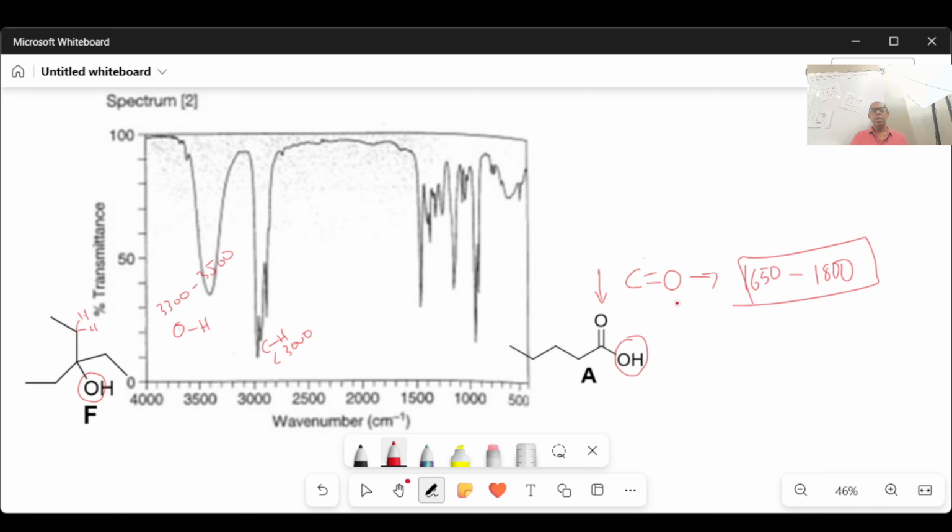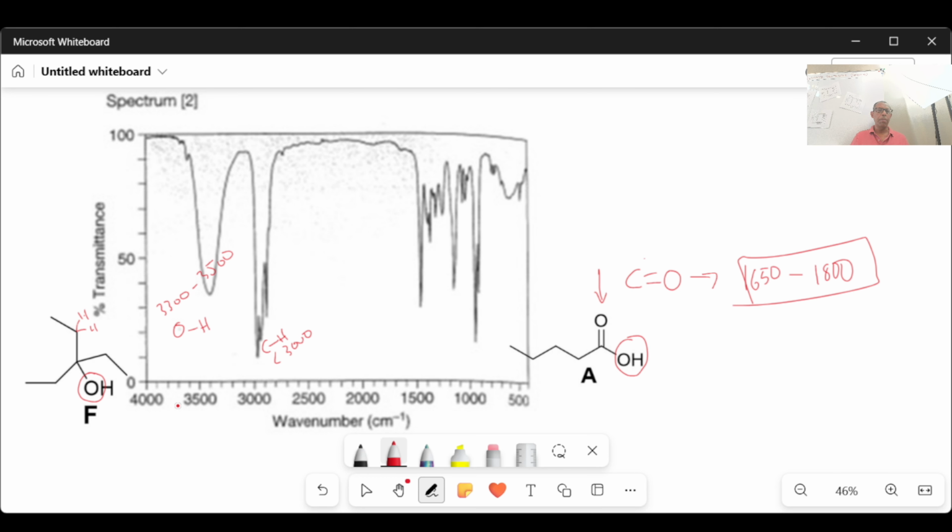Okay? In this case, we don't see that. This is 1500 and below that is the fingerprint region. We don't see anything above 1500. So this spectrum doesn't belong to this.